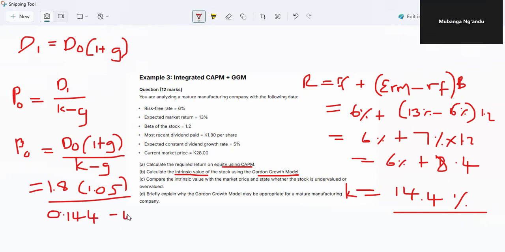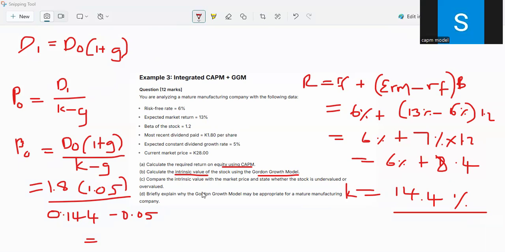Why are we using the one that we've calculated using the other model? Aren't we supposed to use the information in the question? It's the intrinsic value using Gordon's model based on the previous answer. Yes. So what do we get when we calculate that? 20.11. That is the intrinsic value.